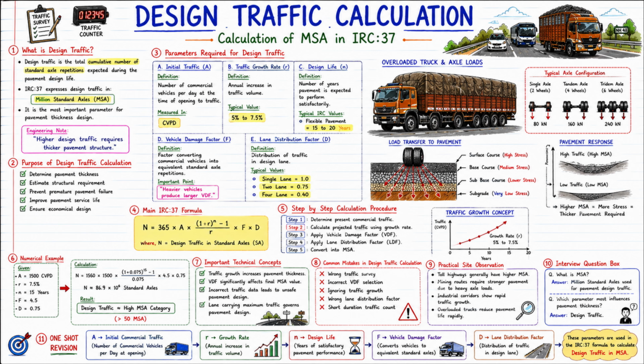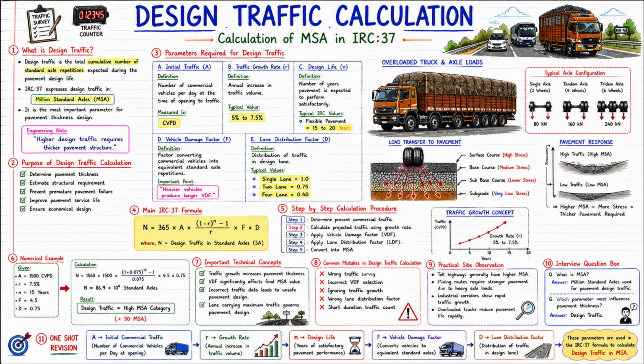D. The vehicle damage factor, F. Now this is a very important parameter. This converts commercial vehicles into equivalent standard axle repetitions. Now see the important points below. Heavier vehicles produce larger VDF. Now what does this mean? The more overloaded the truck is, the more the pavement will be damaged.